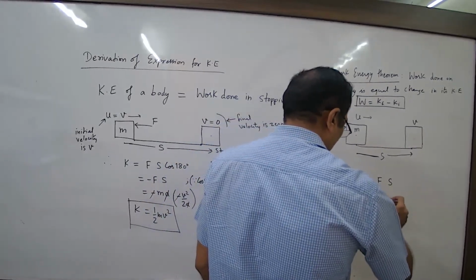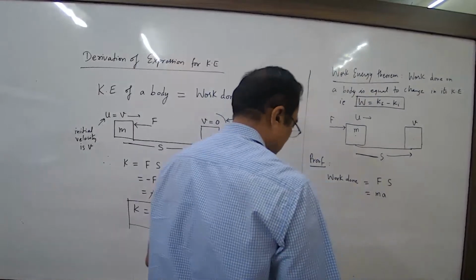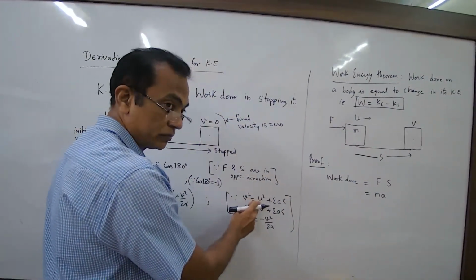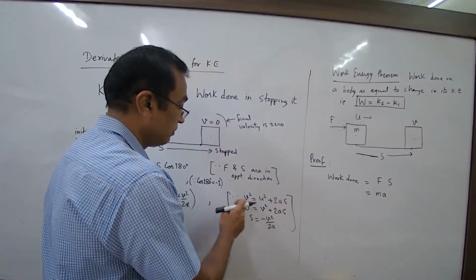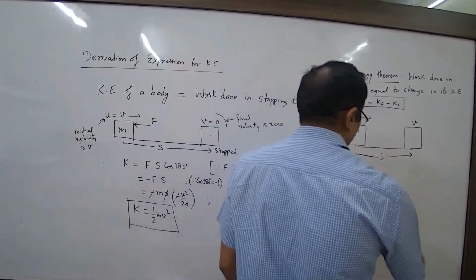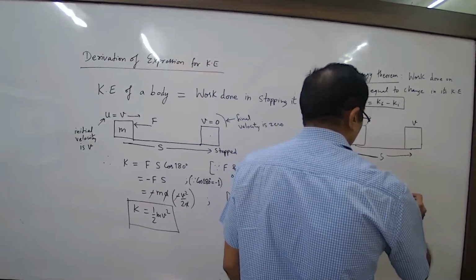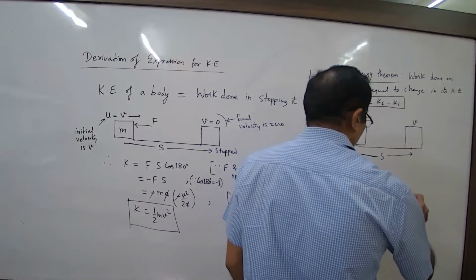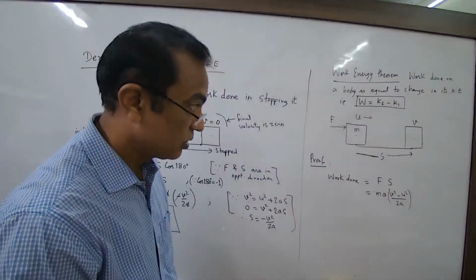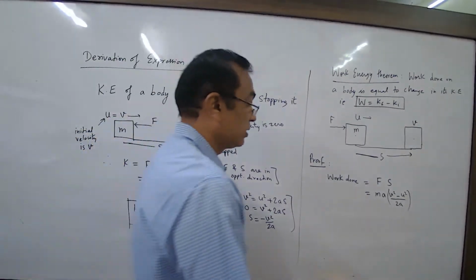And what is S in this case? V is V, U is U. So S is equal to V square minus U square upon 2A. Correct?